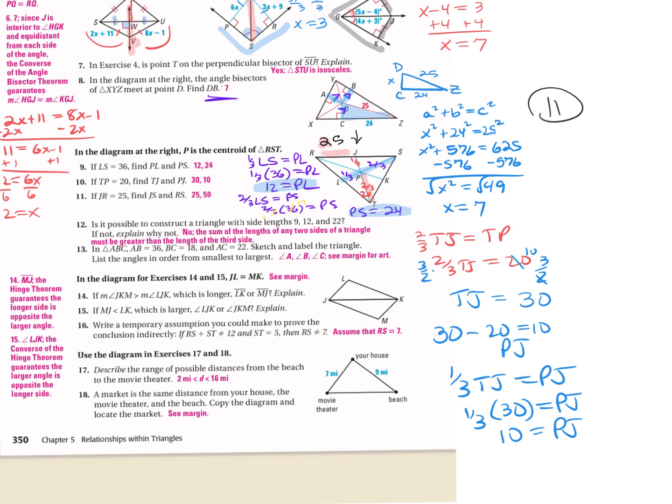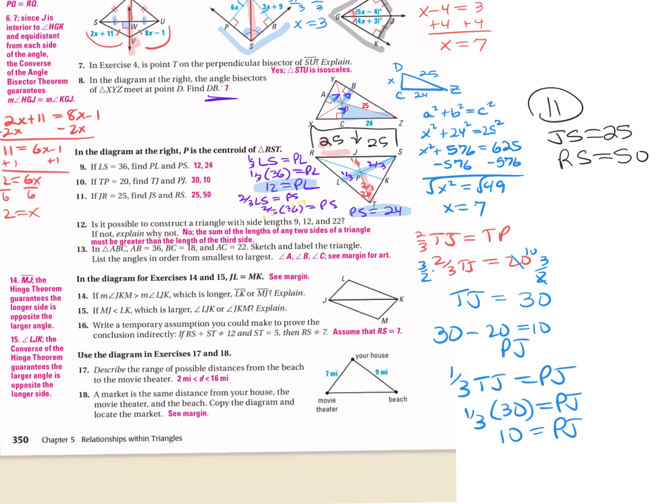So JS is also going to be 25. And then to find RS, the whole thing, you just add 25 plus 25, and that is equal to 50. Because this centroid, to form it, it goes from the vertex to the midpoint of the side across from it.